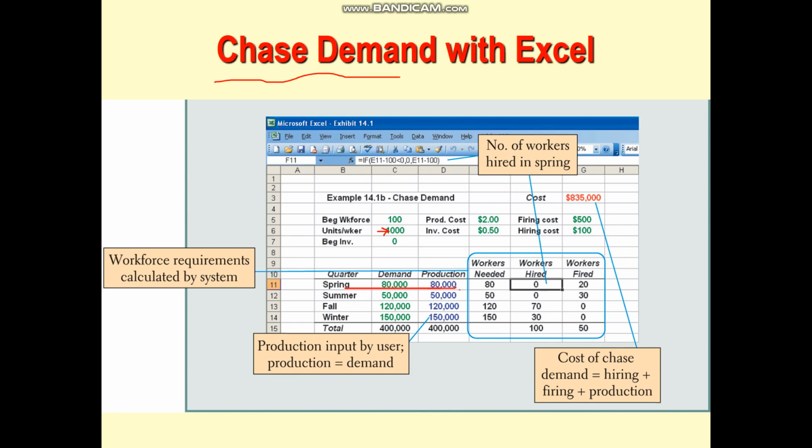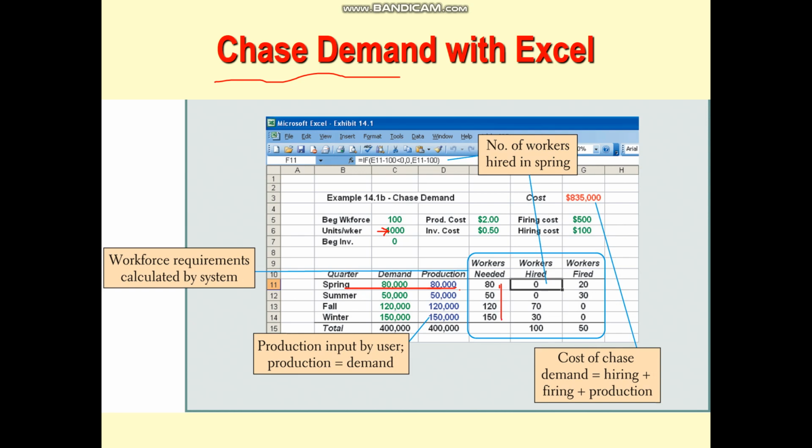It's the same for E12 to E15. So E12 will equal D12 divided by C6. So you just need to input the formula for E11 and fix C6. Then after that you just copy it to the rest of the cells in this column.